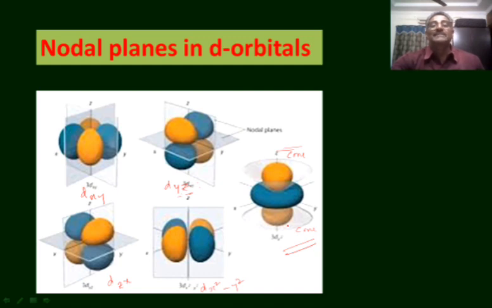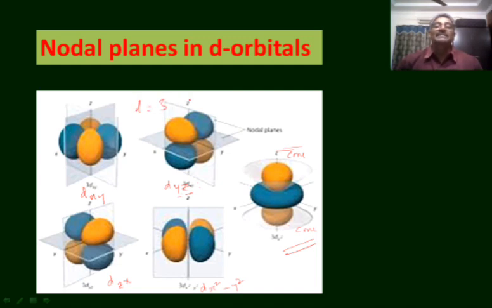The f orbitals are fourfold dumbbell in shape. The shapes of f orbitals are still complex, so we will learn those f orbitals in the higher classes. For an f orbital, the l value will be 3.